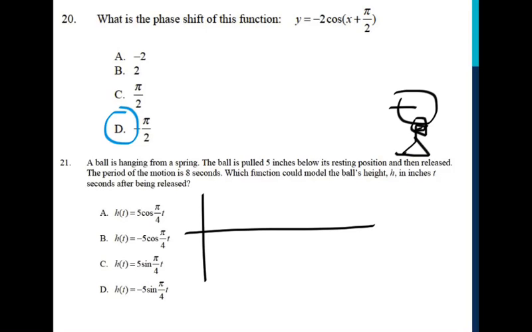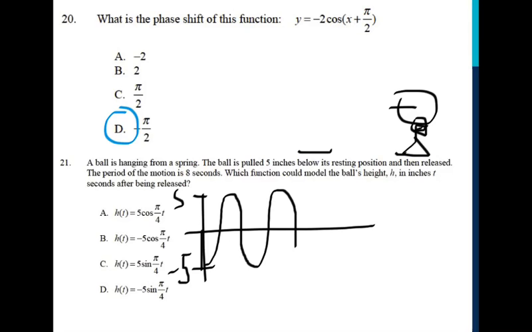Okay, the ball is pulled 5 inches below its resting position and then released. So it's pulled 5 inches below. We're going to assume it goes up. 5 inches below and then released. Okay. Let's figure out first if it's sine or cosine.